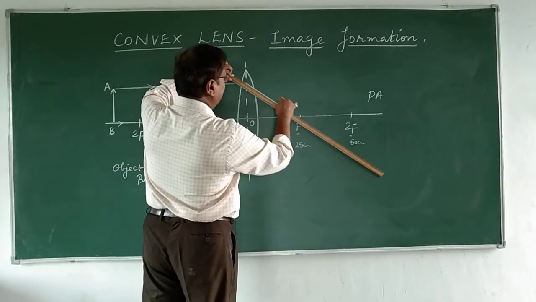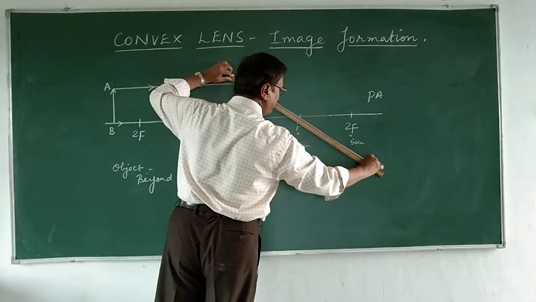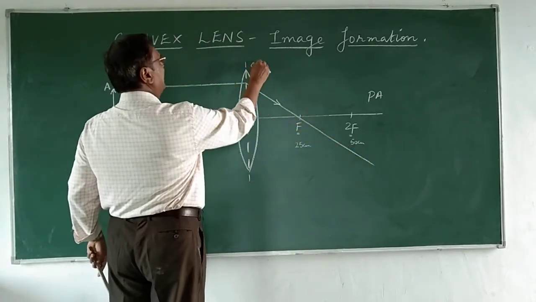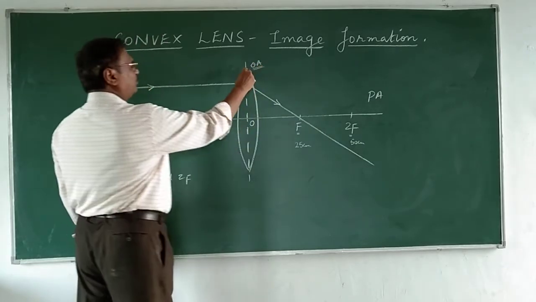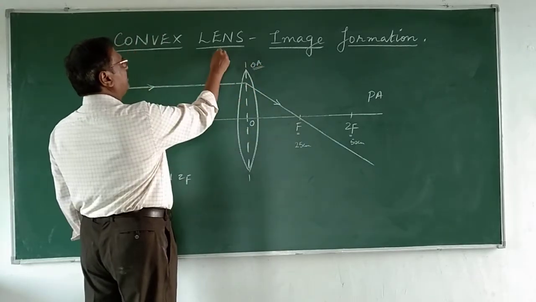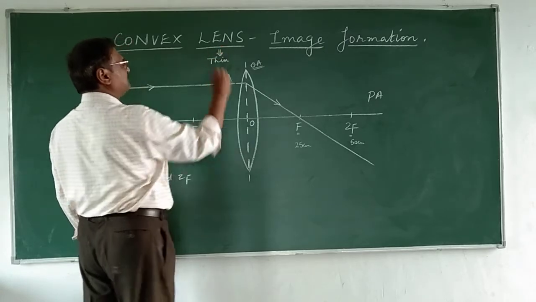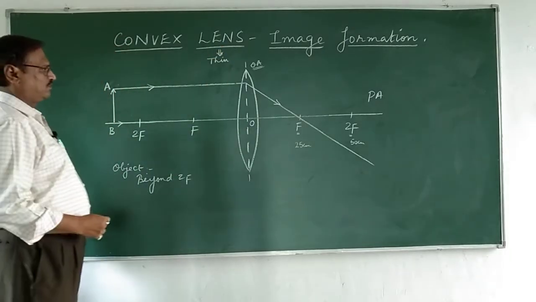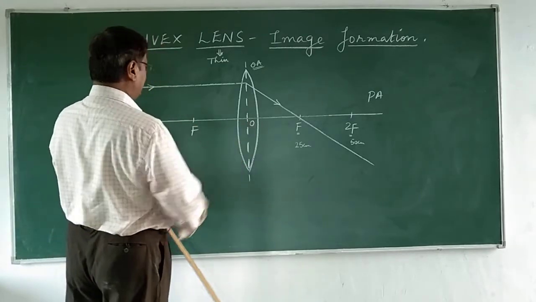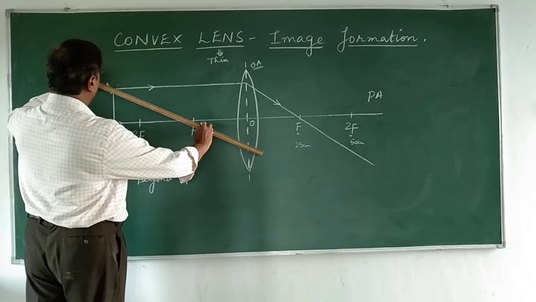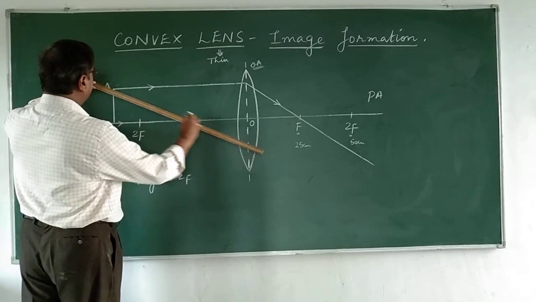I am striking it at the optical axis, because I don't worry about the thickness, since it is a thin lens, not a thick lens. That is one. Another thing: if a ray passes through the focus, let me take it and pass it through the focus.